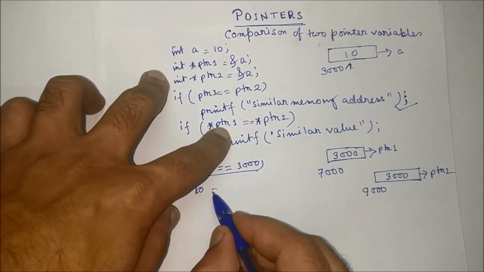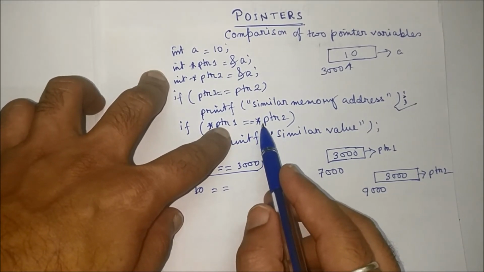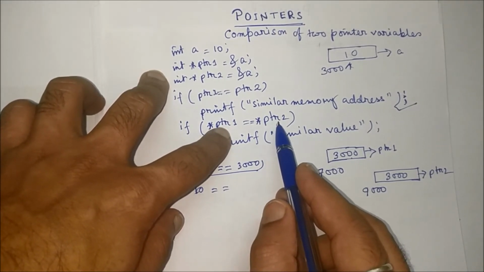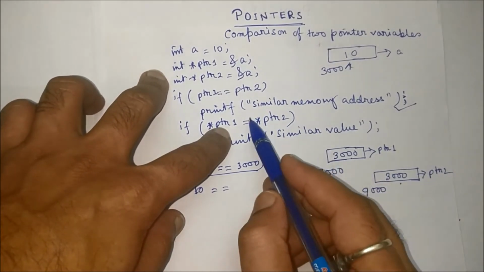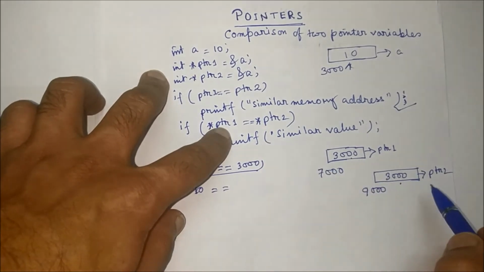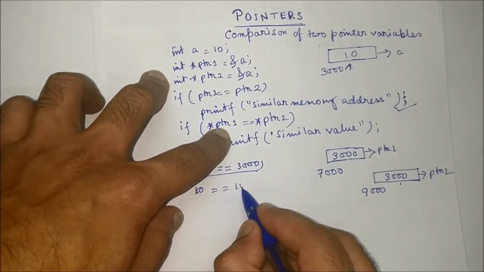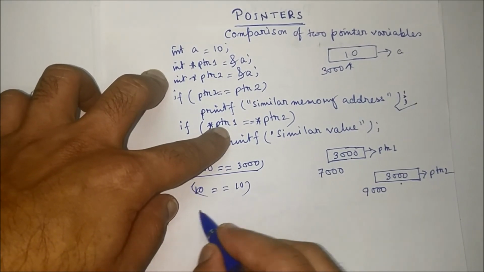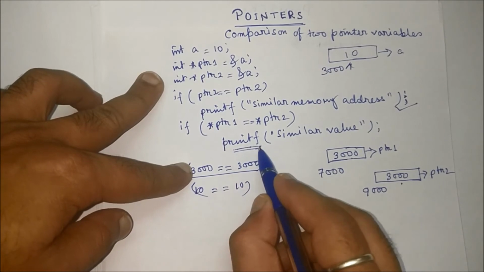Then we make the comparison with the value of star ptr2. So what is ptr2? ptr2 will also return 3000 because 3000 is stored, and then star means value at address 3000, so it will go back to this location. What is the value stored here? It is 10. So this statement also will return true because both of the numbers are the same, so this printf statement will get printed.